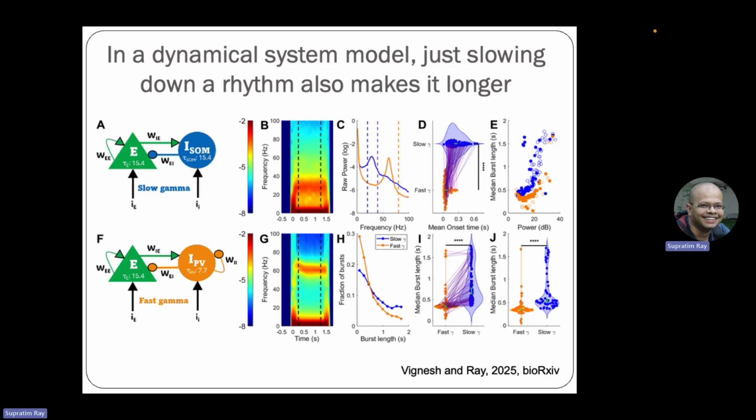What does that imply in terms of cellular neurophysiology? Well, the easy implication is that the somatostatin network is slower. Its time constant is larger, which obviously explains why the frequency is low.